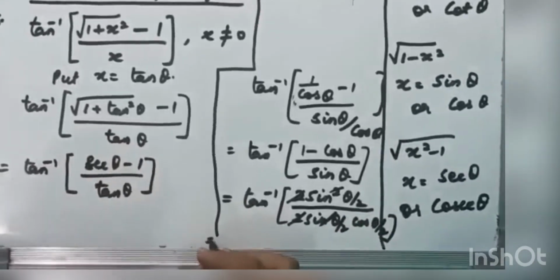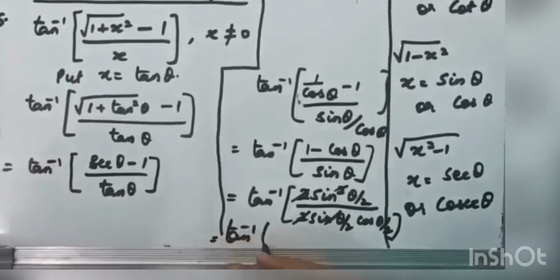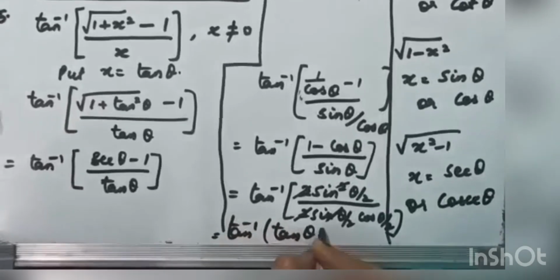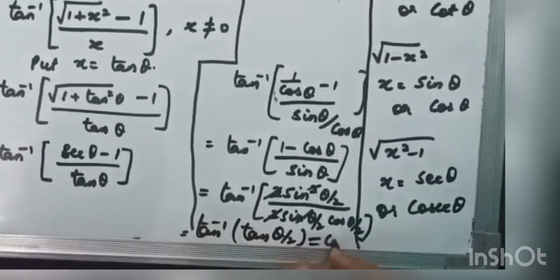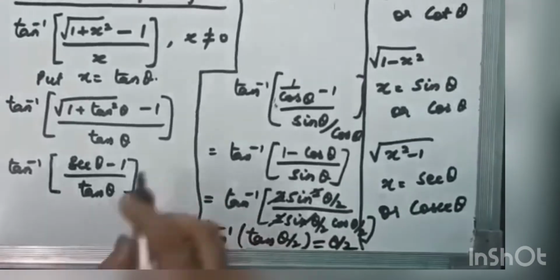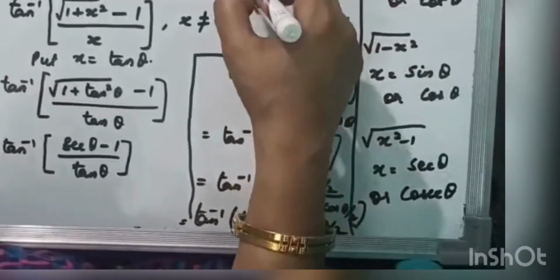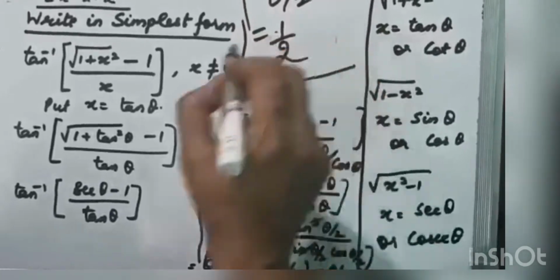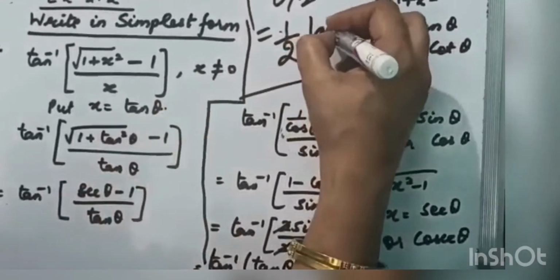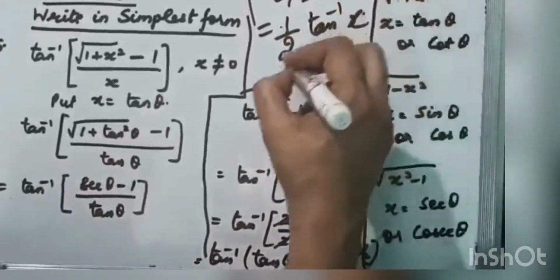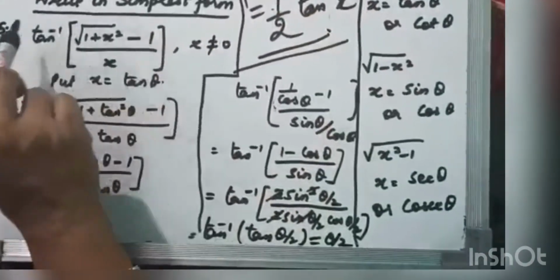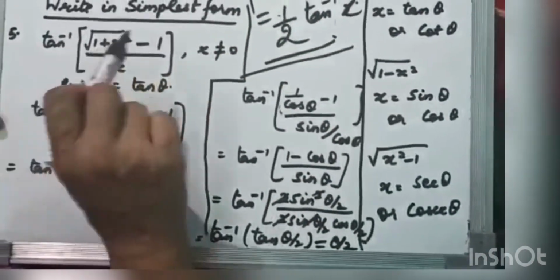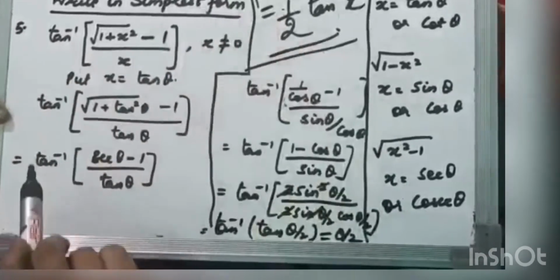We have tan inverse tan theta by 2, and this will become theta by 2. And if we want to write the answer, theta by 2, 1 by 2, theta is tan inverse x. So when we want to simplify this result, its simplified form is 1 by 2 tan inverse x.